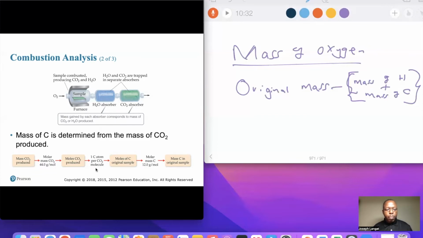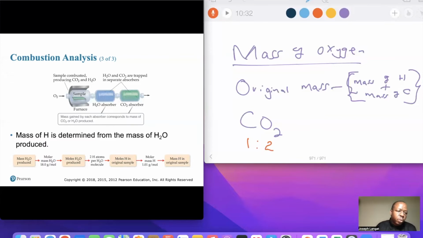Now, here is the mole ratio. In CO2, for every 1 mole of carbon, we have 2 moles of oxygen. For every 1 carbon atom, we have 2. So mole ratio, and then the number of moles using the molar mass in the original sample. We will see that when we get to the example.